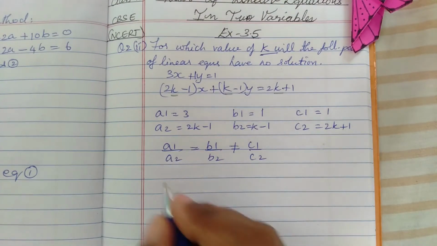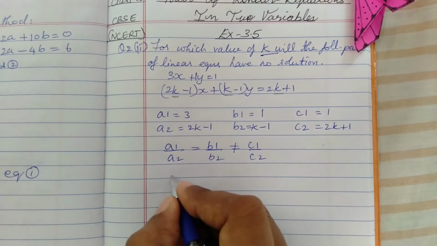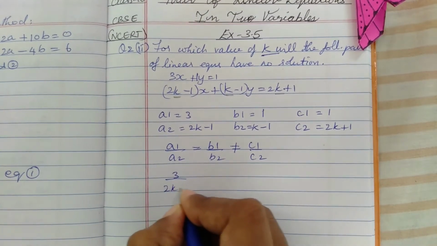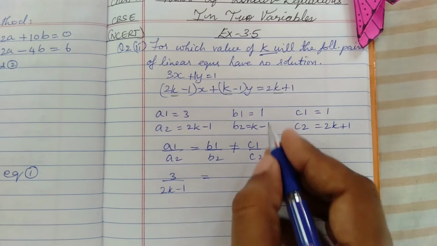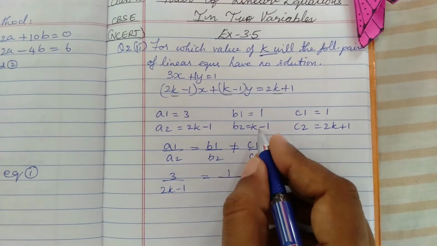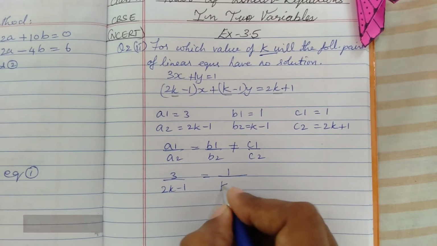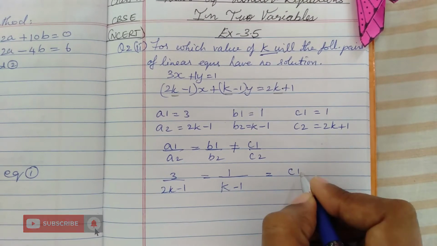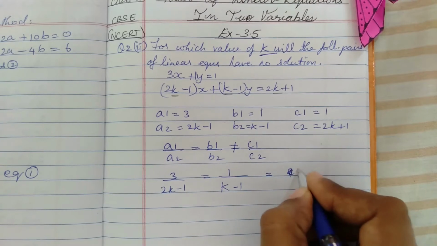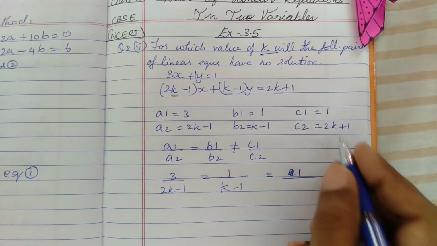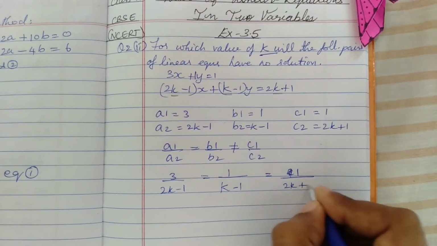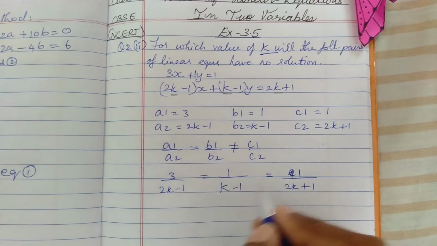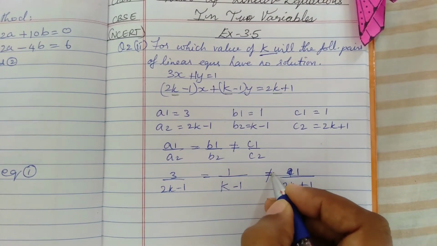So let's write: a1 is 3, 3 by a2 which is 2k minus 1, is equal to b1 which is 1, by b2 which is k minus 1, is not equal to c1, sorry, 1 by c2 which is 2k plus 1.